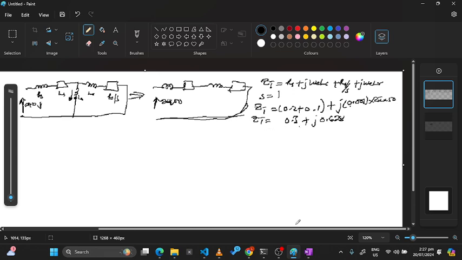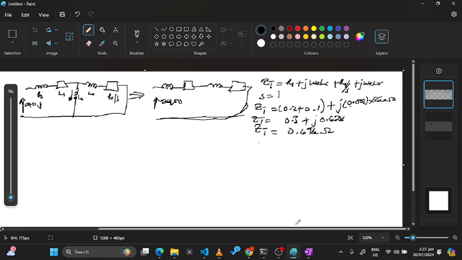So if you take the magnitude of this Z total, it is going to be 0.696 ohms, right? Then you can find the current that is flowing here.